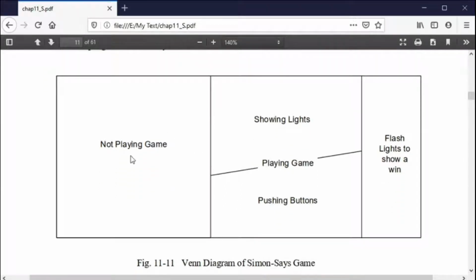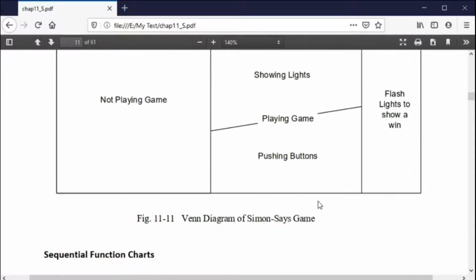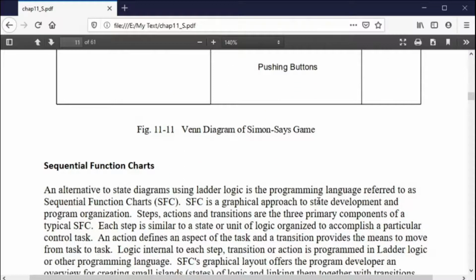You're either not playing the game, showing the lights, or pushing the buttons while you're playing the game, and when you're done, you flash the lights showing that you've won. So some people talk about state diagrams, some people talk about Venn diagrams. They're the same basic thing in this kind of application. So you can see either way works.